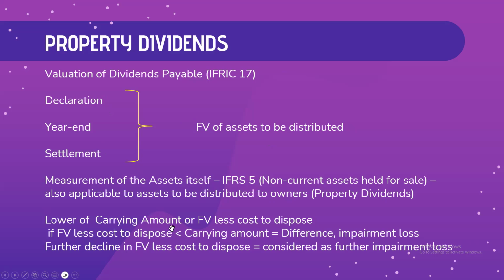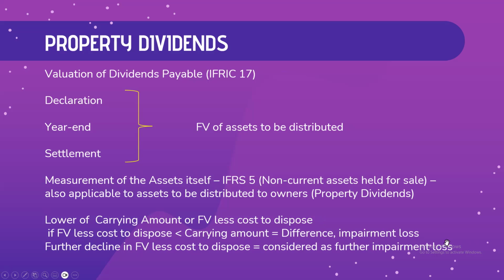Lower of carrying amount or fair value less cost to dispose. If fair value less cost to dispose is less than the carrying amount, the difference is impairment loss. Further decline in fair value less cost to dispose is considered further impairment loss.